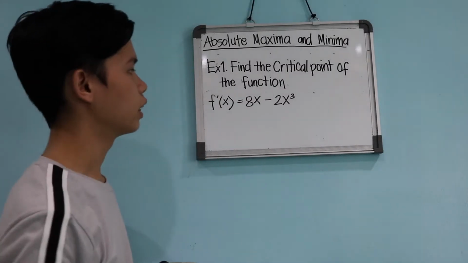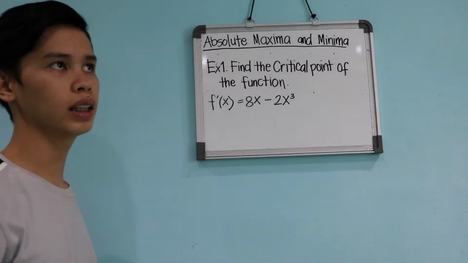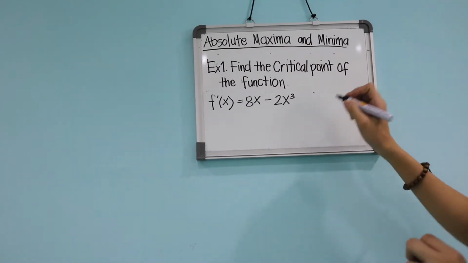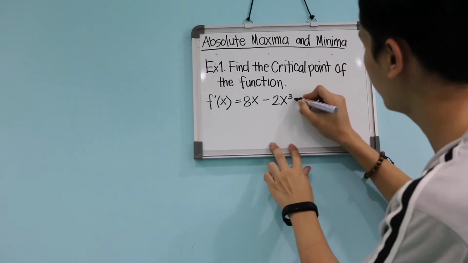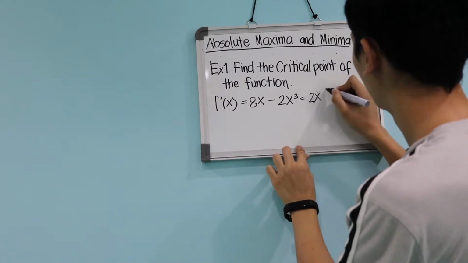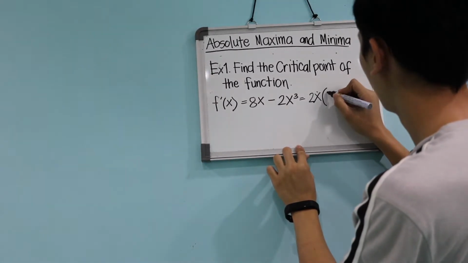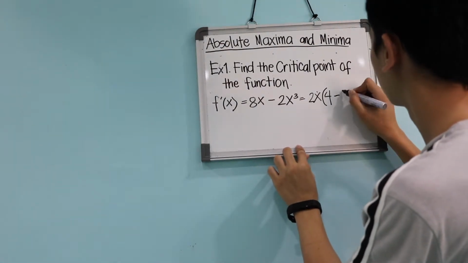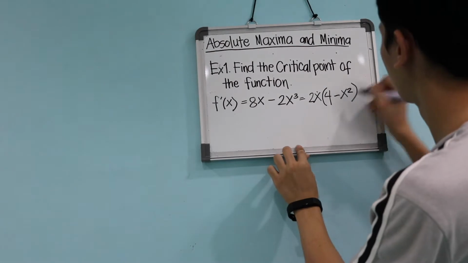So here, this is our derivative and we can factor it out. 8x minus 2x cubed is also equals to 2x times 4 minus x squared.